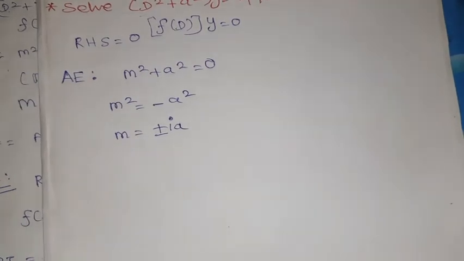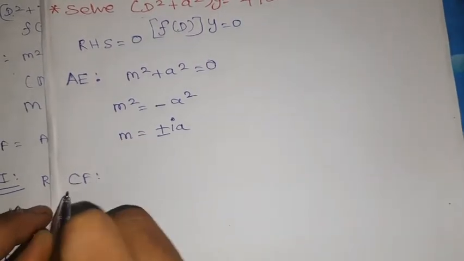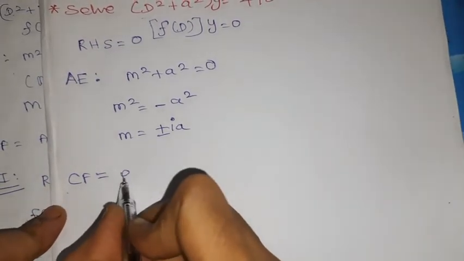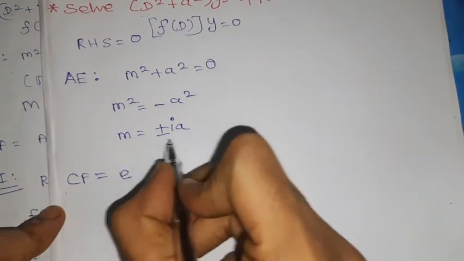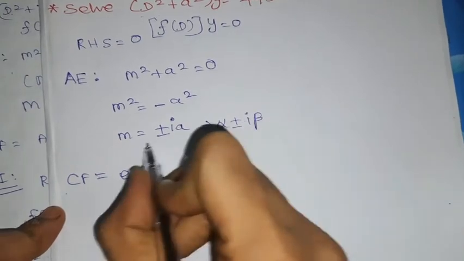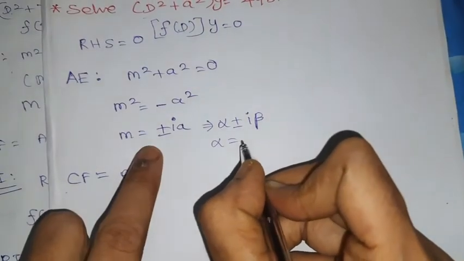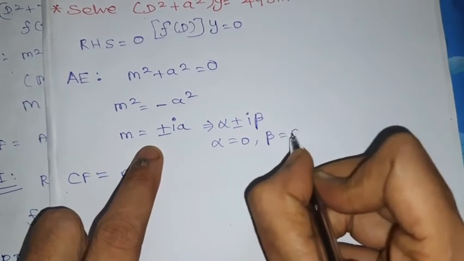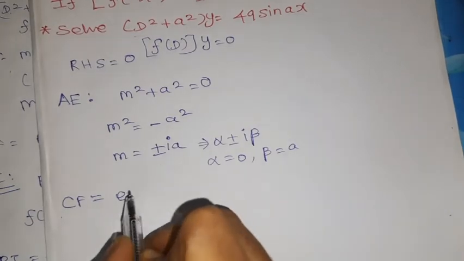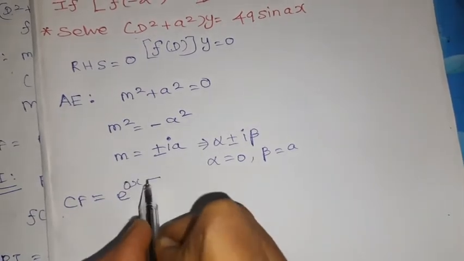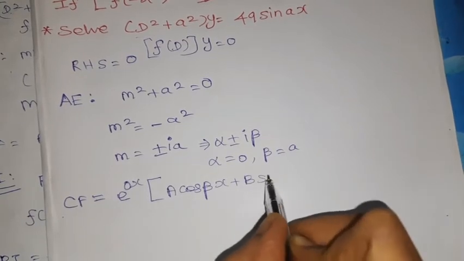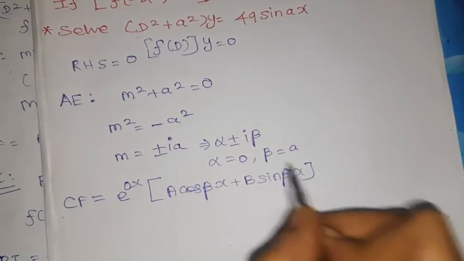For complex conjugate roots, the complementary function is e power alpha x into cos beta x plus b sin beta x, where the roots are alpha plus or minus i beta. Here alpha is the real part, which is 0, and beta is a. So the complementary function is e power 0 into x times a cos ax plus b sin ax.